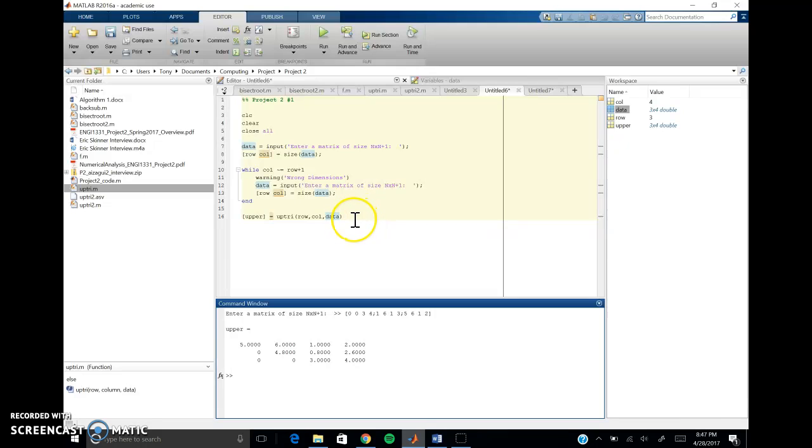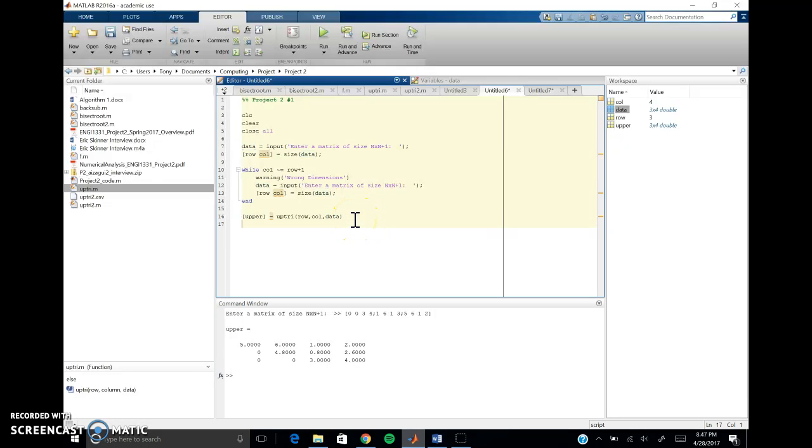So now what's left to do is to find out our coefficients. First, let's display our matrix a little nicer. Let's say the upper triangular matrix is display, and then you display your upper matrix.